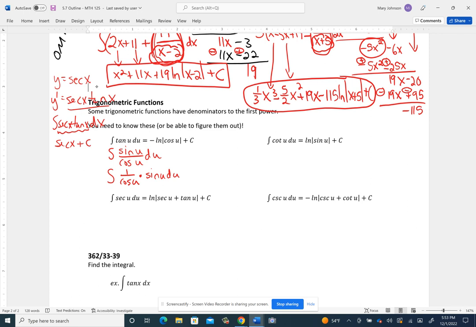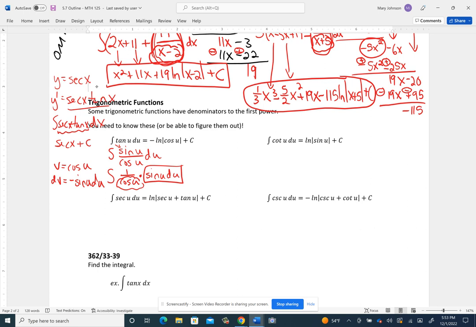So what I'm going to do is think about letting this right here be, I can't use u because they already were using u, so let me use a v. Let the denominator be some variable v. Then if I did the derivative of that, I would get negative sine u du. Okay. And you see I have sine u du right here. So in other words, the numerator up here, the sine u, is going to come from doing the derivative of the denominator.